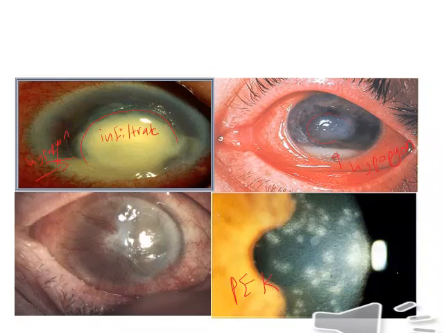If you want to see the epithelial defect exactly, you should stain with fluorescein. What else do we have? We have pus in the anterior chamber, a level of pus. This is called hypopyon. So if you have ciliary injection, corneal infiltrate or corneal abscess plus hypopyon, it is obvious that these are signs of microbial keratitis.